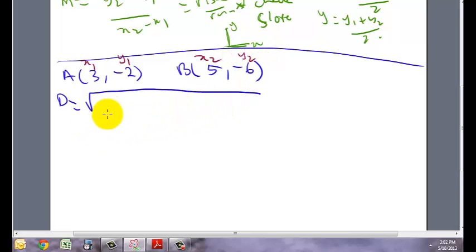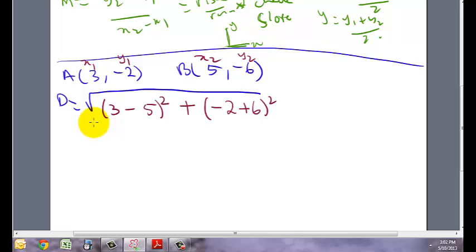Cool? All right. Well, we've got x1 this time being 3, take away 5 squared, right? x1 take away x2 all squared, or x2 take away x1 all squared. It doesn't make a difference. 3 take away 5 is minus 2, but when you square it, it's 4. 5 take away 3 is 2. 2 squared is still 4. So it makes no difference. Plus, and then y1, which is minus 2, minus minus 6, which is plus 6, all squared.